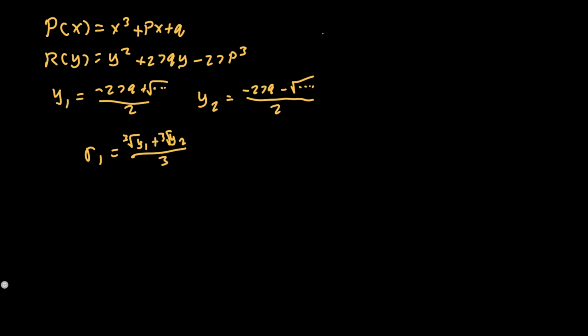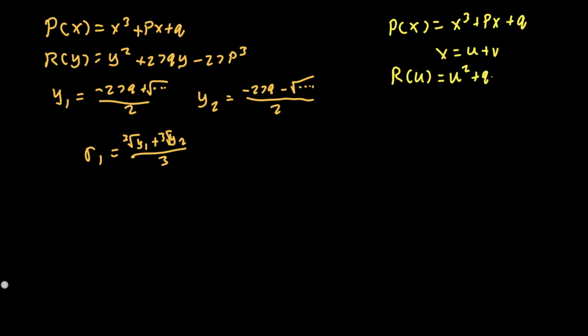So for the other resolvent, which is in Cardano's method, it is a very straightforward process, because for p of x equals x cubed plus px plus q, Cardano set x equals u plus v, which led to a resolvent r of u equals u squared plus qu minus p cubed over 27.